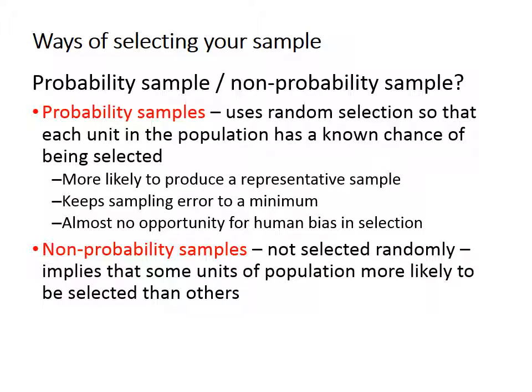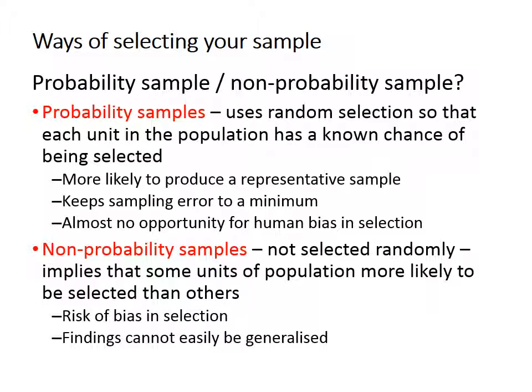They are in a defined category. They are not random individuals. However, there's a risk of bias in the selection, particularly if you select the wrong category of individuals. And the findings cannot easily be generalized.